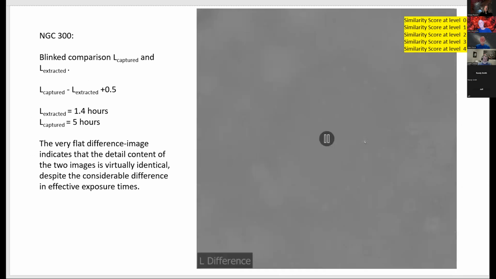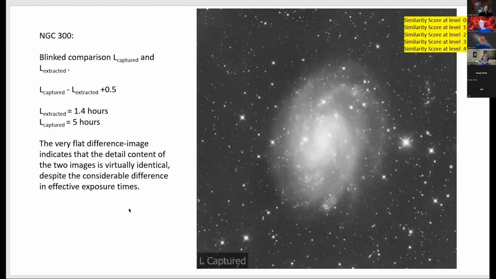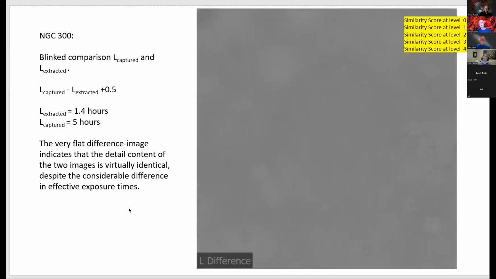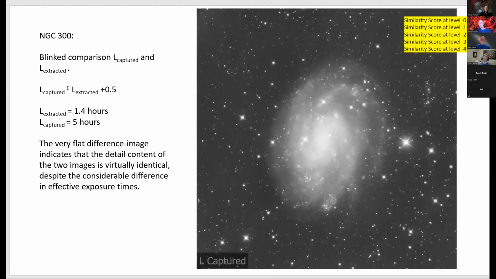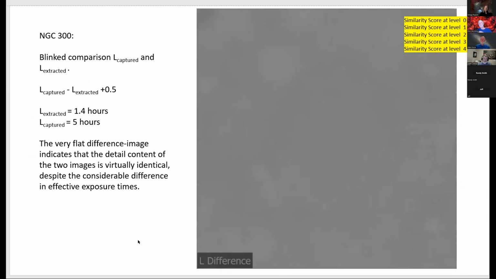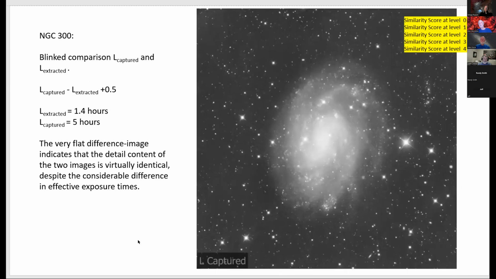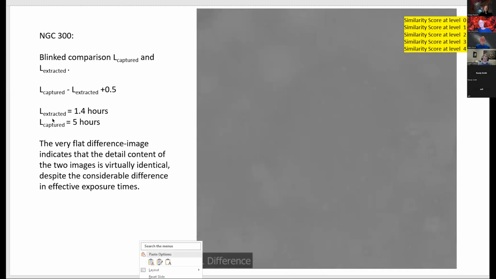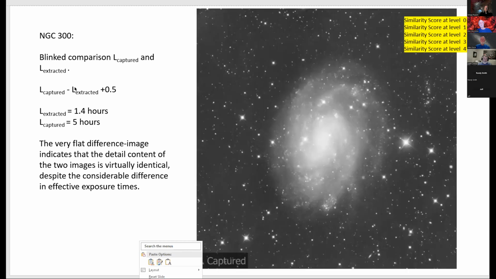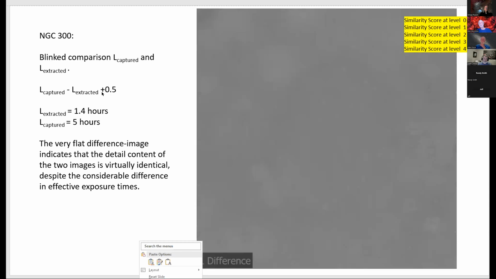This is a galaxy, obviously, NGC 300, and this is blinking the difference using this equation. I took the L captured, subtracted L extracted, and added a half, and most of the image is pretty flat, saying that before and after, the L captured and the L extracted are about 0, and the image is about 0.5 everywhere.